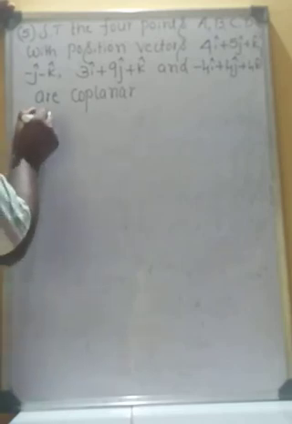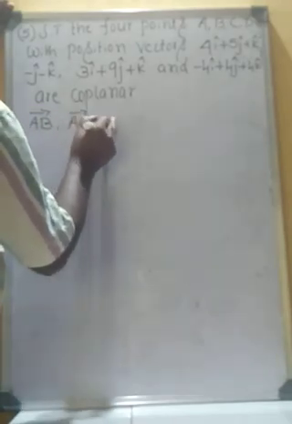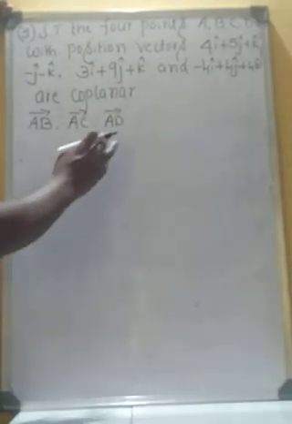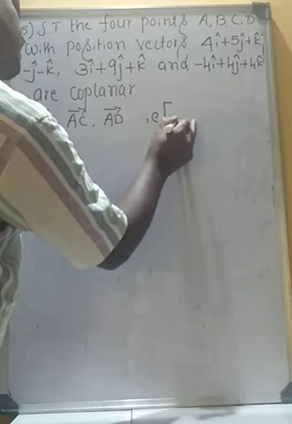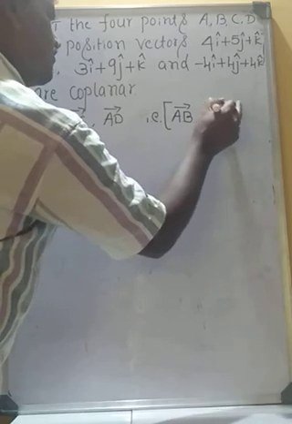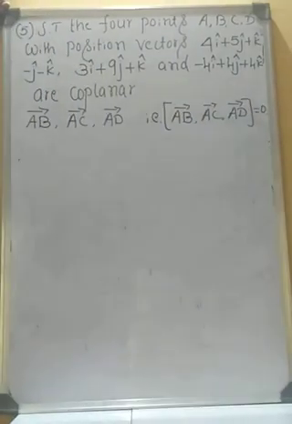We know that the 4 points A, B, C and D are coplanar if the three vectors AB, AC and AD have scalar triple product zero.